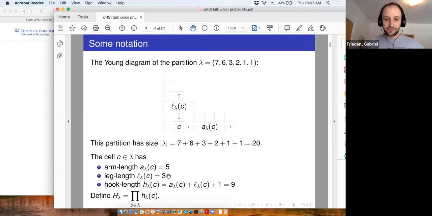So the arm length is 5, and the leg length is 3 in this case. And then maybe a more familiar quantity is the hook length, which is the arm plus the leg plus 1 for the cell itself. So that's the hook length of the cell. And this quantity h lambda, which I'm going to define as the product of all of the hook lengths, is a very important quantity that will show up throughout the talk.